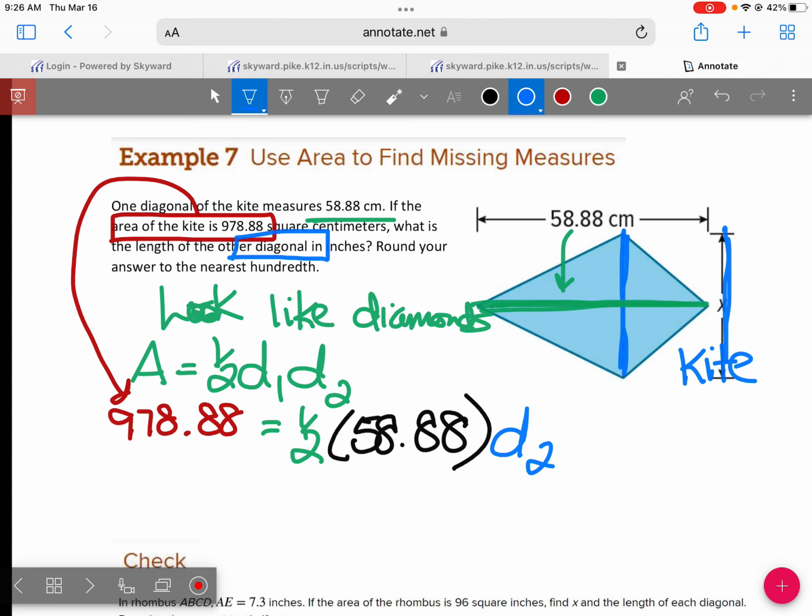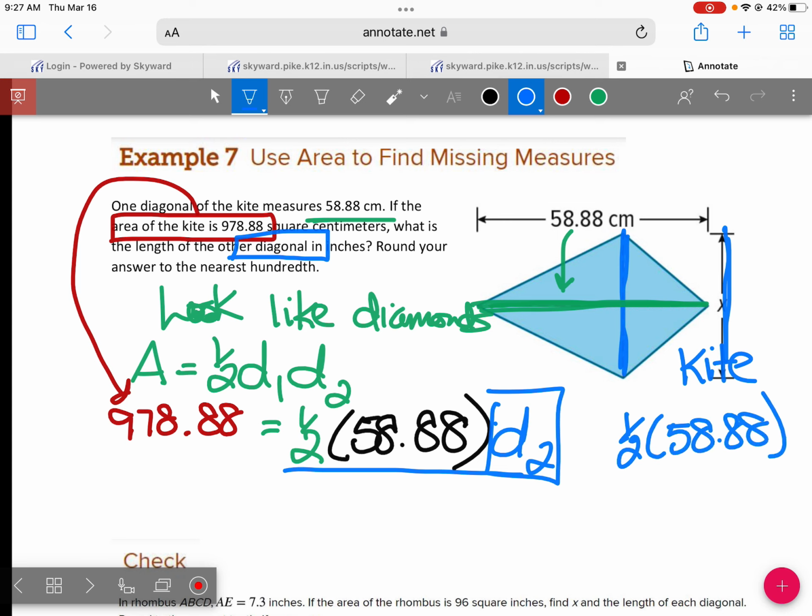Now, I want to get the length of this diagonal by itself. Since I am multiplying these other numbers by it, I want to divide, but we're going to figure out what is half of 58.88 even before we start dividing. So on your calculators, everybody, take 1/2 times 58.88.